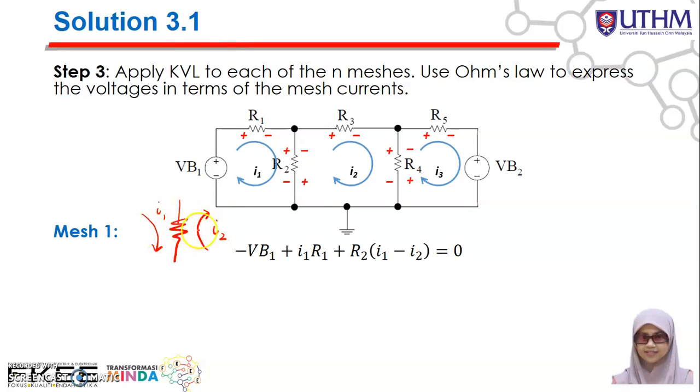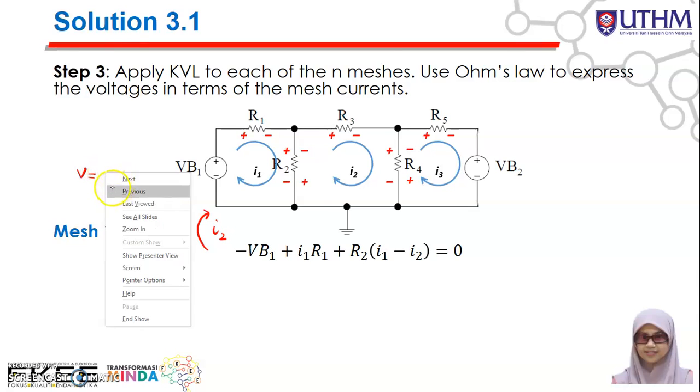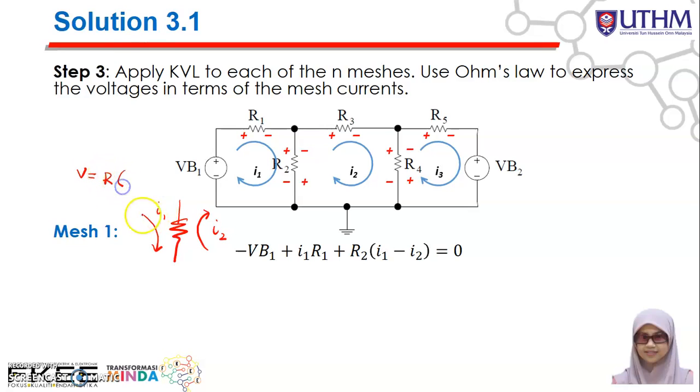Because you have 2 different currents flowing through the same resistor, the voltage V is equal to the value of R multiplied with, from the positive side to the negative side, I1 minus I2. So that's why here you have I1 minus I2 multiplied with R2. Here is R2, here is R2. That is how you apply Ohm's law for the mesh current.